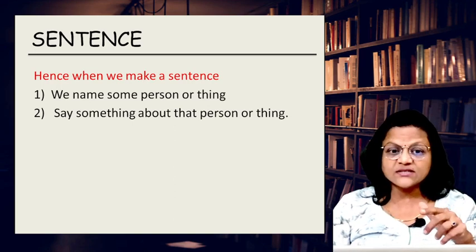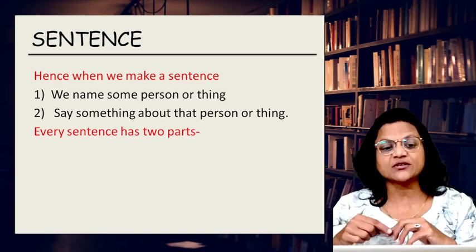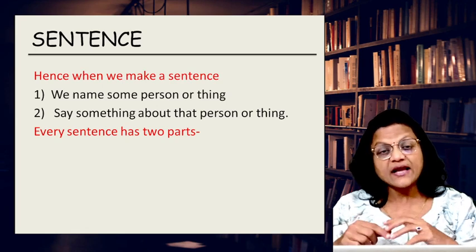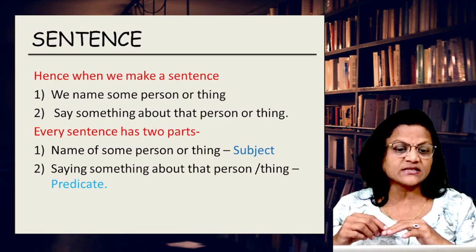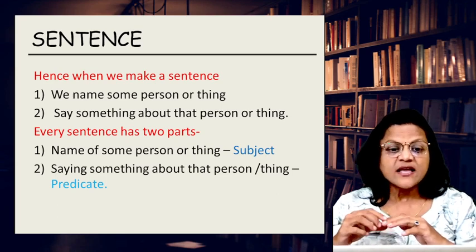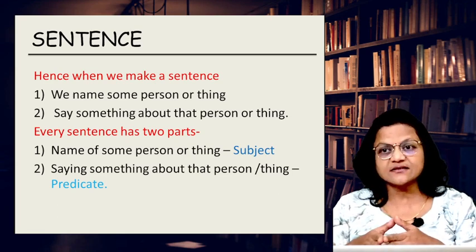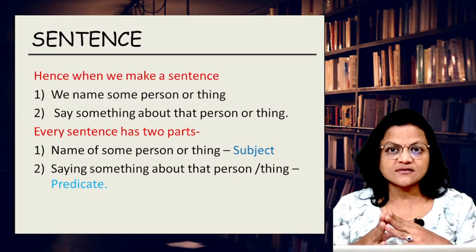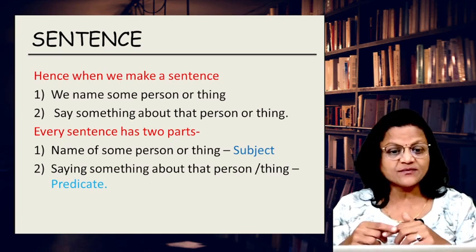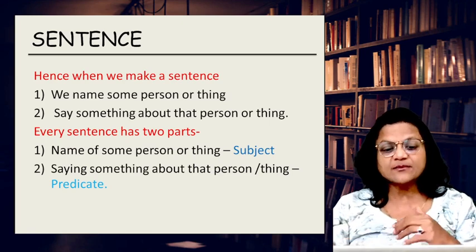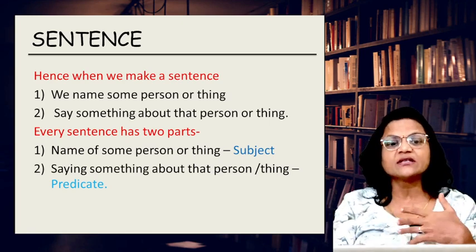In other words, we must have a subject to speak about, and we must say or predicate something about that subject. Hence, every sentence has two parts. The name of some person or thing is the subject, and saying something about that person or thing is known as the predicate.